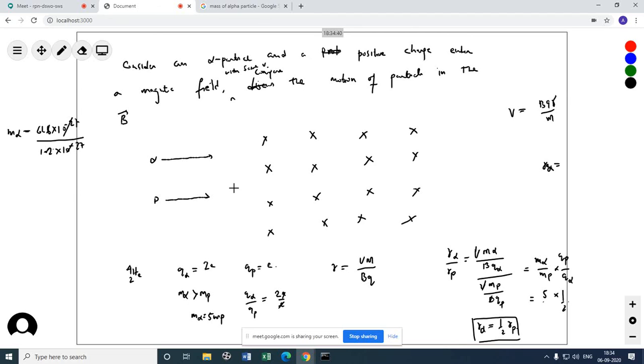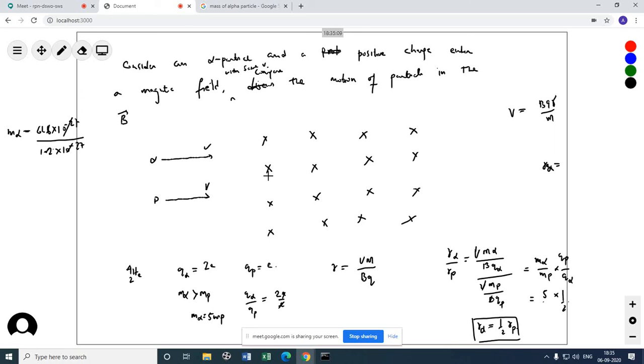Yes, sir. So when it enters, both of them being charged particles, this is the velocity, this is the velocity. So V cross. So this is V going in. Actually it is coming out of the board. Okay, because you see.